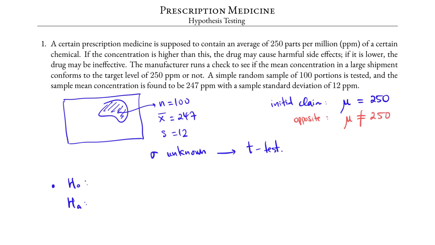The expression without the equal sign is the opposite, and that will go to the alternative hypothesis. So the alternative hypothesis H sub A is mu not equal to 250. The null hypothesis, therefore, is mu equal to 250.